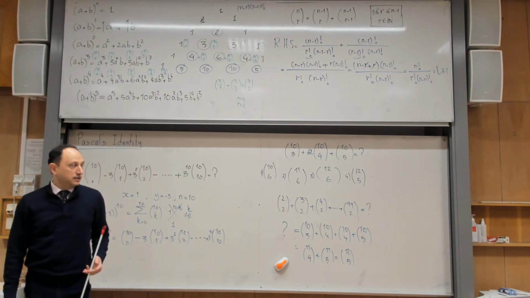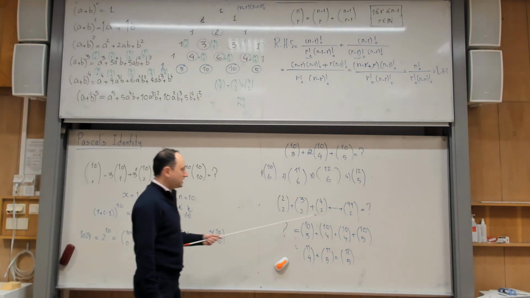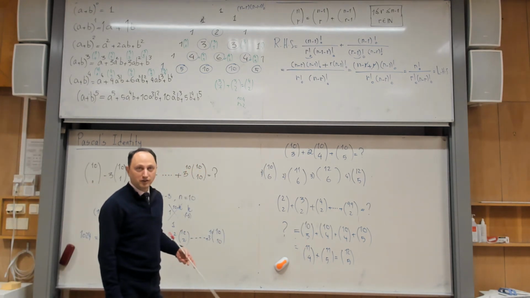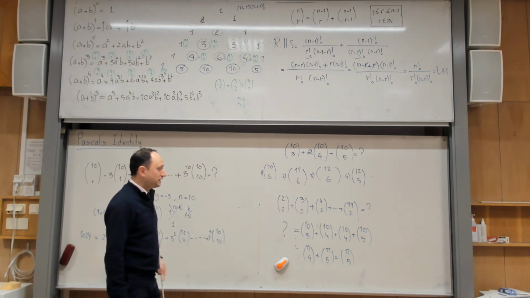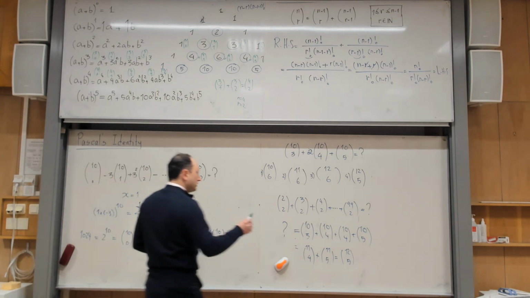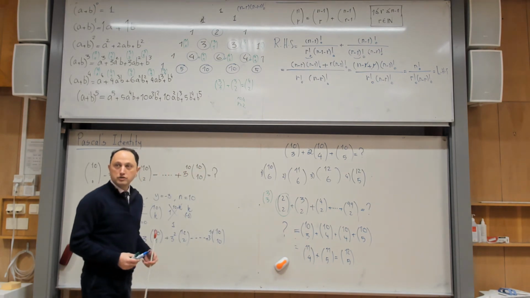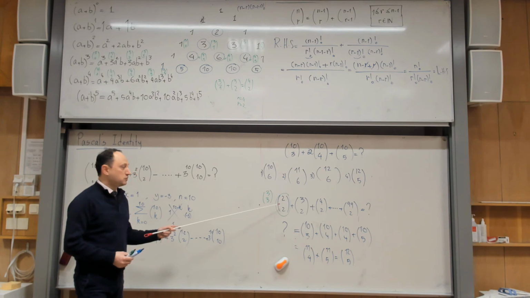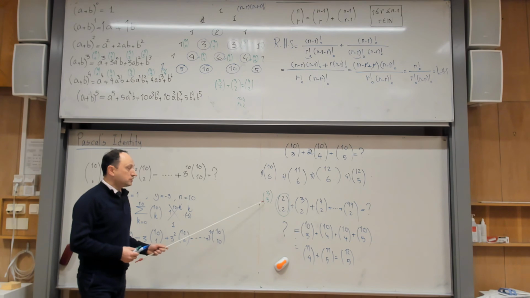Yes? The next one is a little bit more tricky, but I can give you a hint again. The hint is that as far as you see, there is no Pascal identity involved, because for a Pascal identity, these numbers that appear somewhere should differ by 1. The point is, there is no difference between this number and that number. 2 choose 2 means that I have 2 people, I want to choose 2 of them, there is only one way. 3 choose 3 is the same thing.